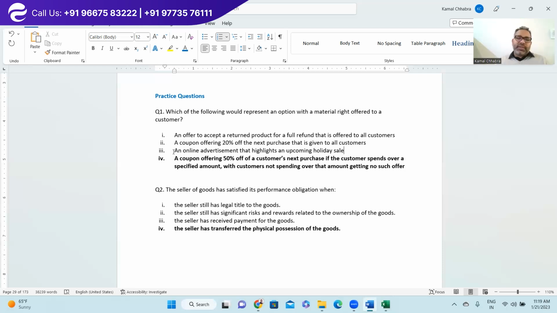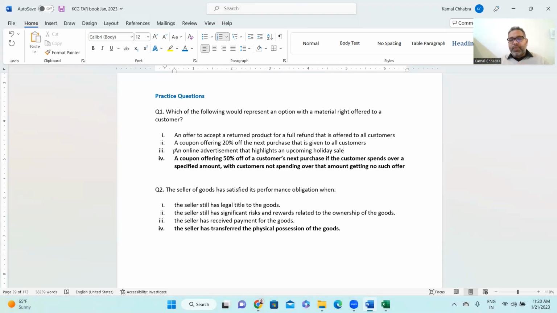Second option is the seller still has significant risk and reward related to the ownership of goods and services. Then also the performance obligation is not satisfied.